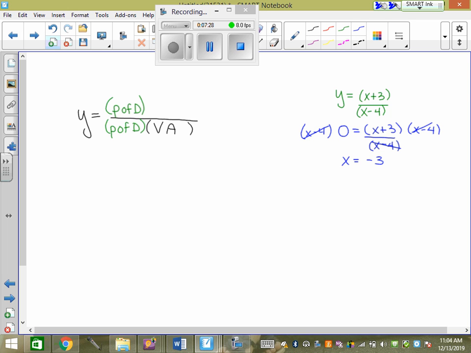So what you need to remember is these are points of discontinuity. This is your vertical asymptote. But this is your x-intercept. And what else do we always need when we're finding an equation? Every time we found an equation, what did I tell you we have to look for at the end? It starts with an A. It actually is the A value.